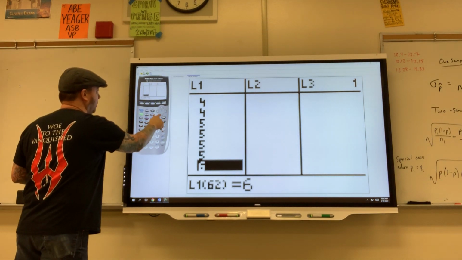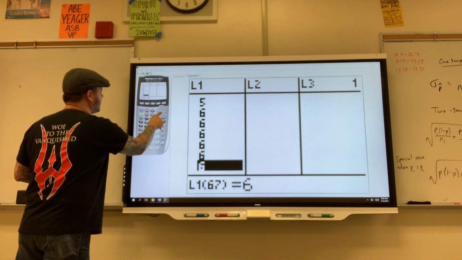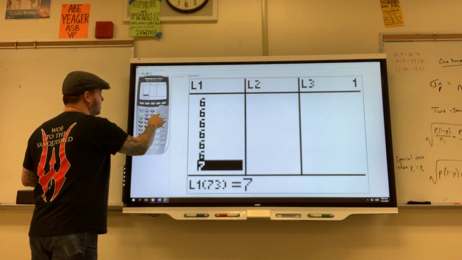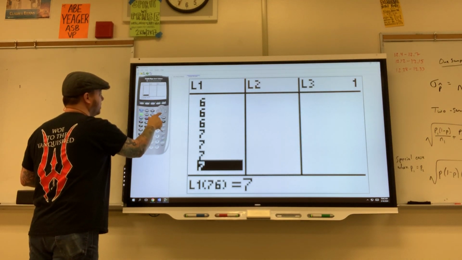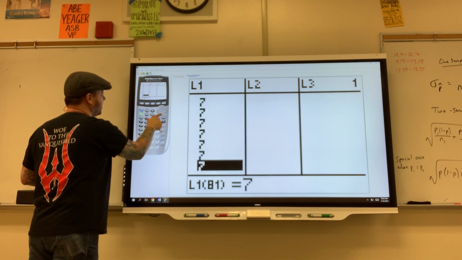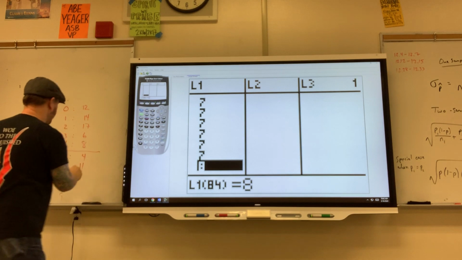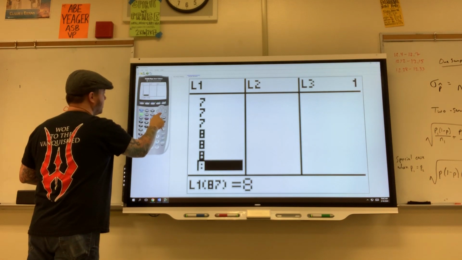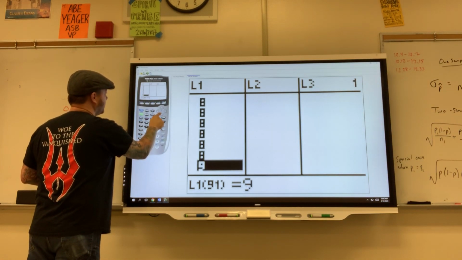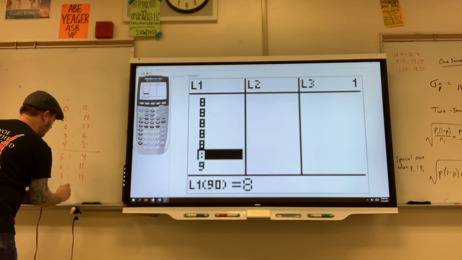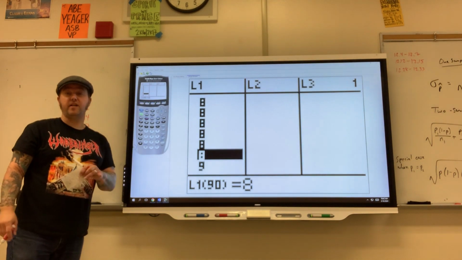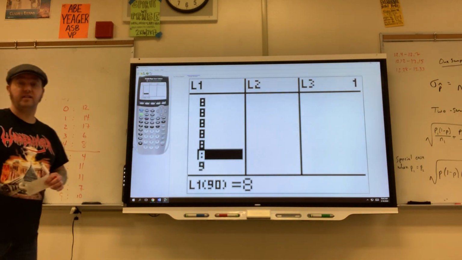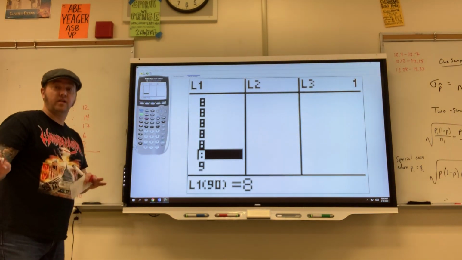Interesting. 6s. 11 6s. 7s, 11 7s. 8s, 7 8s. And there's 10 numbers left. All of them must be 9s, so there's 10 9s. Perfect.